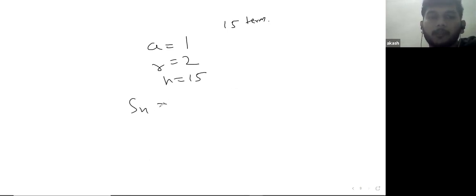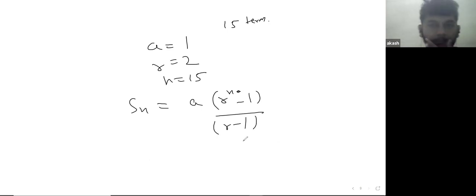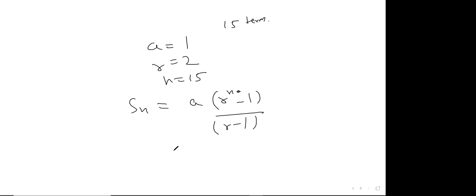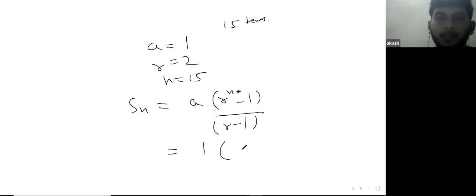So the formula is... right. Yes, sir. Just put the values: 1 into 2 raised to the power 15 minus 1 upon 2 minus 1 is 1. So this is the answer, 2 raised to the power 15 minus 1.